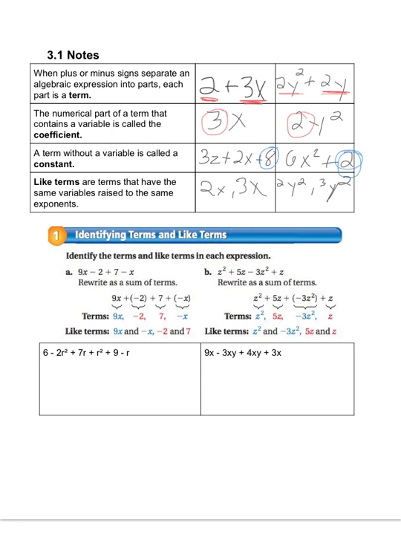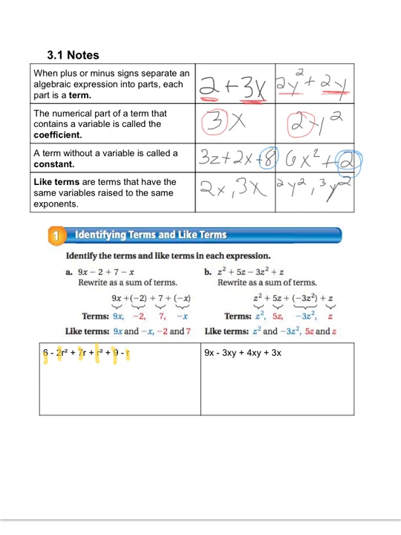So the first thing I need to identify are all my terms, and I'm going to do that by highlighting each part of the expression that is separated by a plus or minus sign. I have highlighted all of the terms in this expression. Each term is separated by a plus or minus sign.